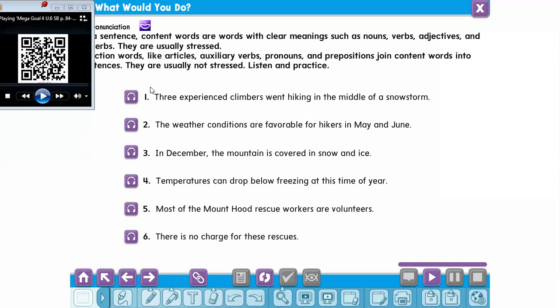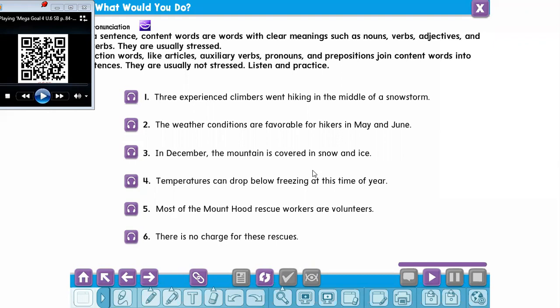Here he is talking about content words, meaning the words in the sentence that carry meaning. In a sentence, content words are words with clear meanings such as nouns, verbs, adjectives, adverbs. They are usually stressed.